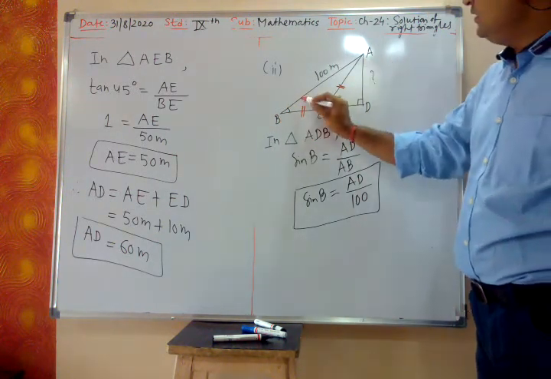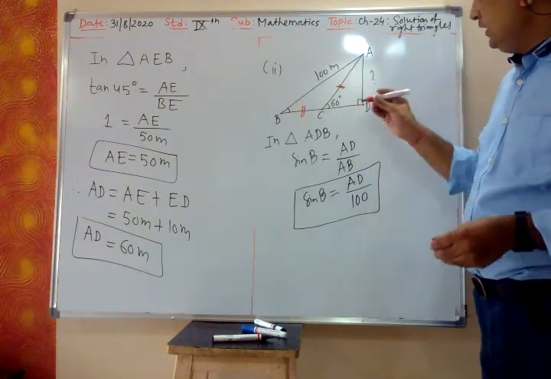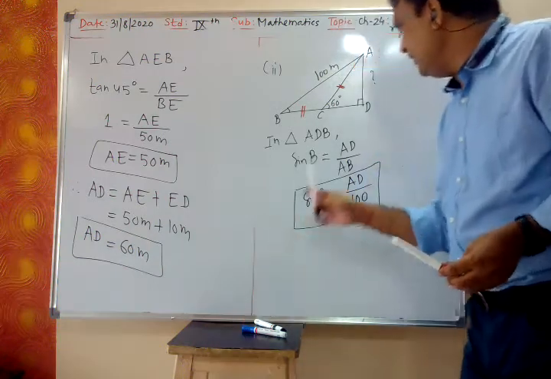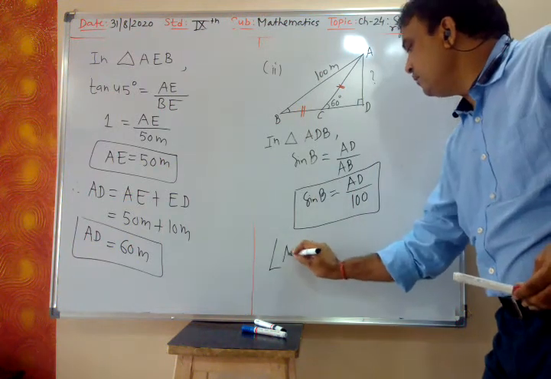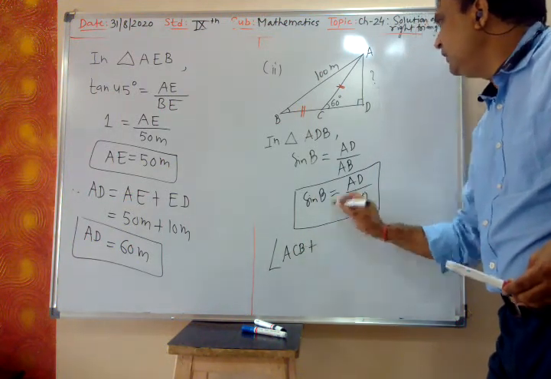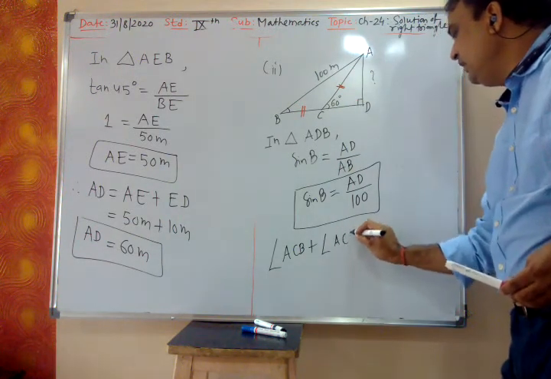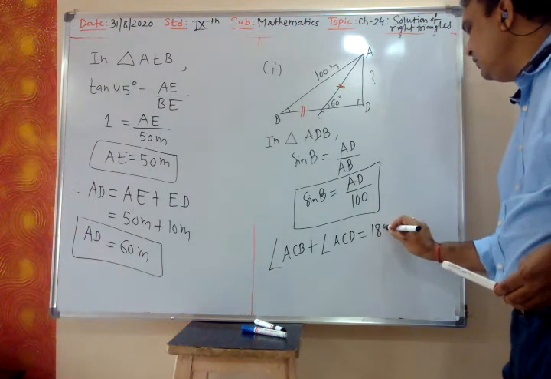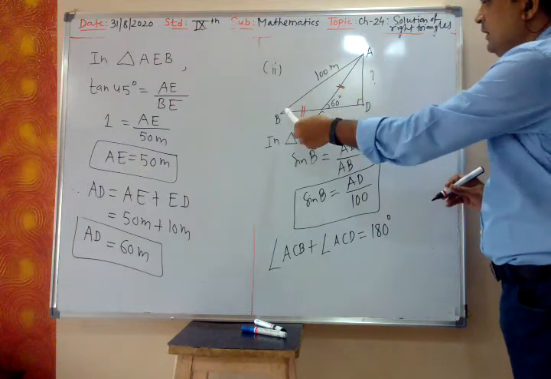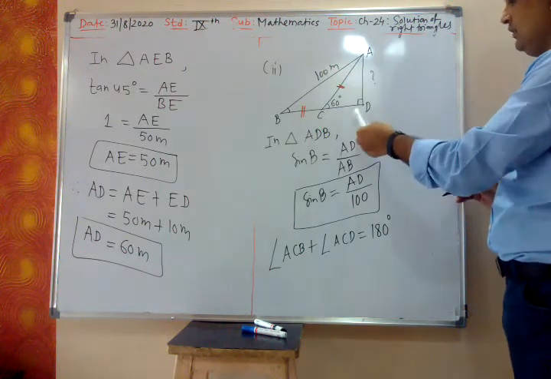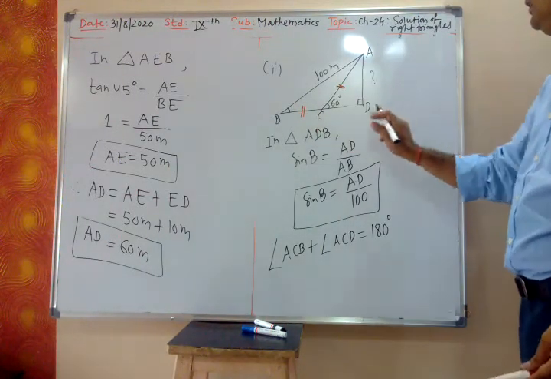See here. Consider triangle ACB. By using angles in linear pair, angle ACB plus angle ACD is equal to 180 degree. Yes or no? Angles in linear pair. This angle plus this angle is 180 degree.